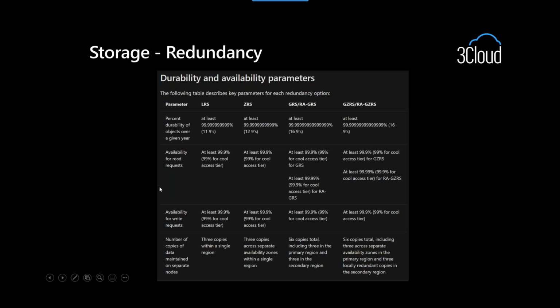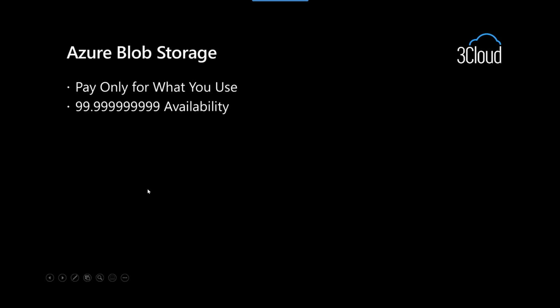That is phenomenal, having the capability of not losing data and being able to depend on it being out there. The great thing about blob storage is you pay for what you use, and having such high availability is a huge piece as well. There are many others. Being able to stand up a storage account quickly, if I did it in script, I could do it in seconds. It's literally that fast.